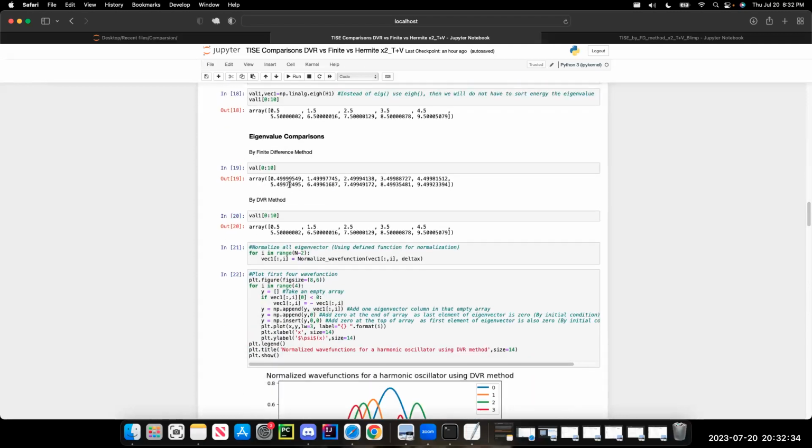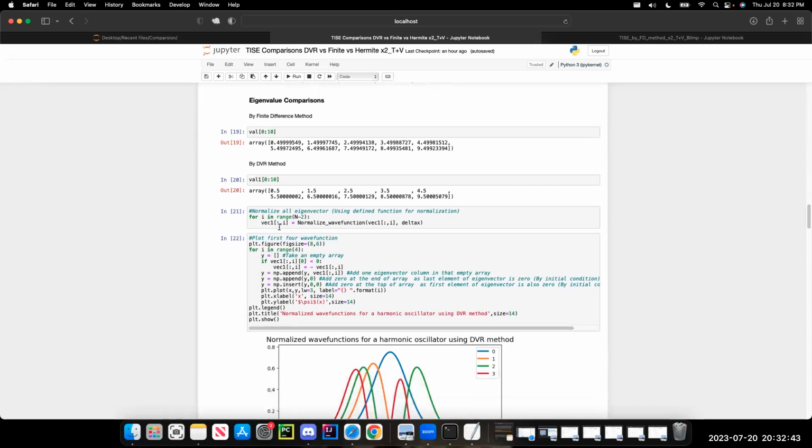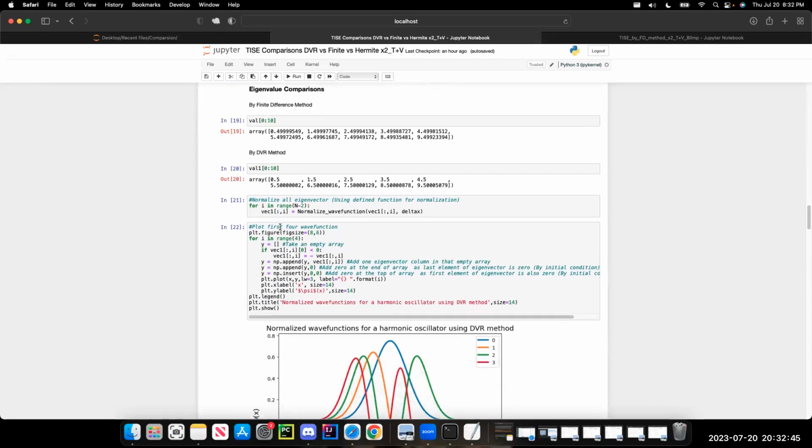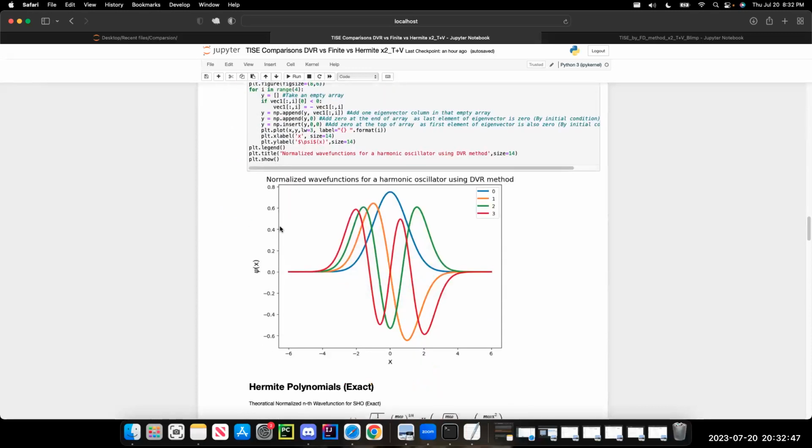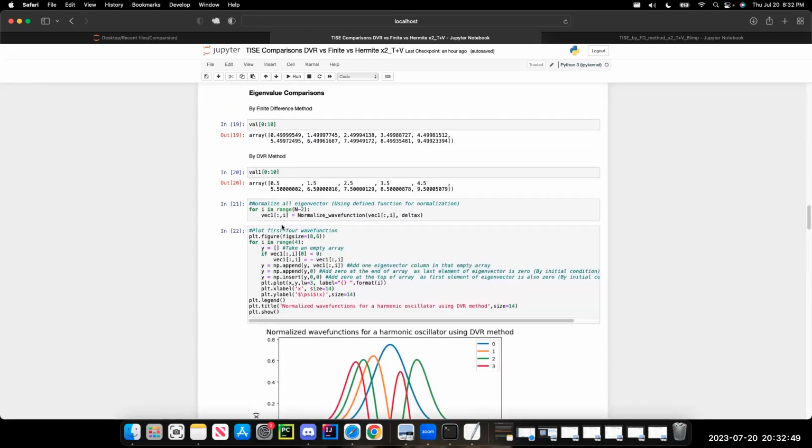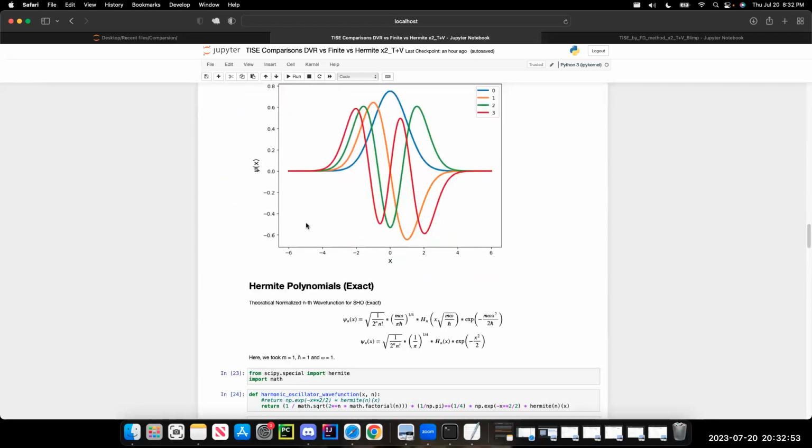And essentially comparing them gives us an idea that the DVR method gives us more precise values for the energy eigenvalues. And the graph is more or less consistent, but we do see better precision with the DVR approach.